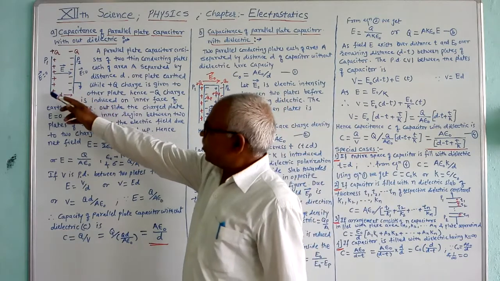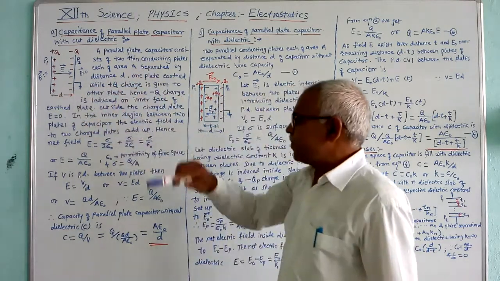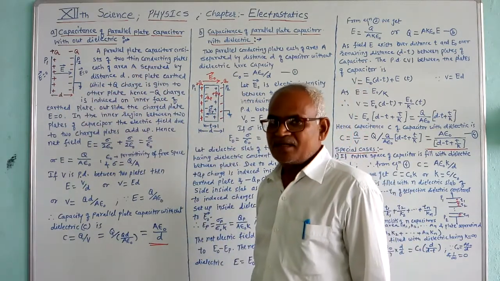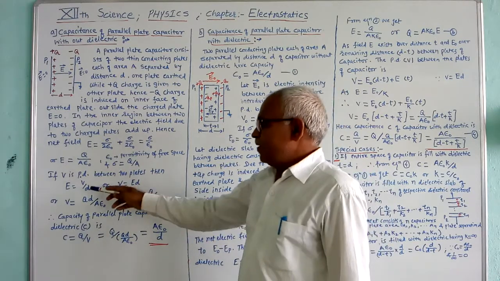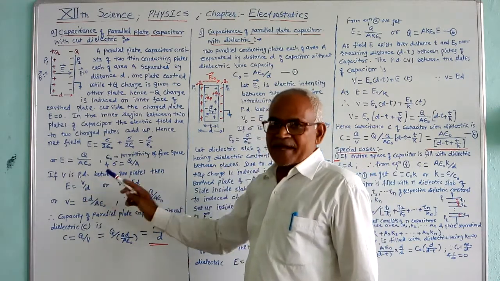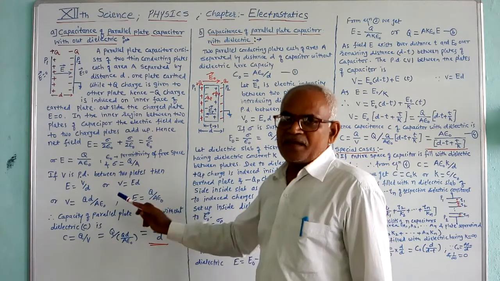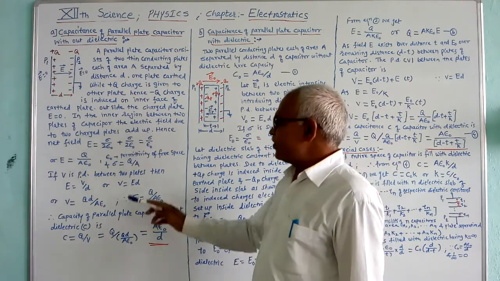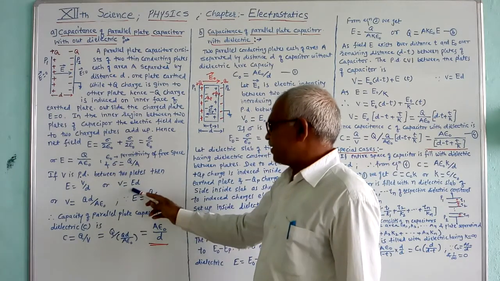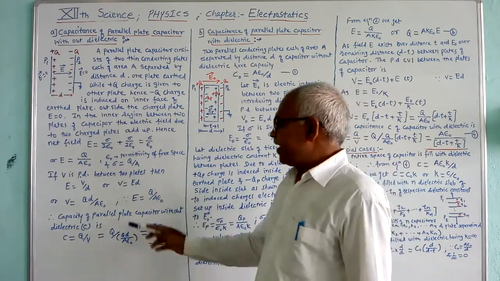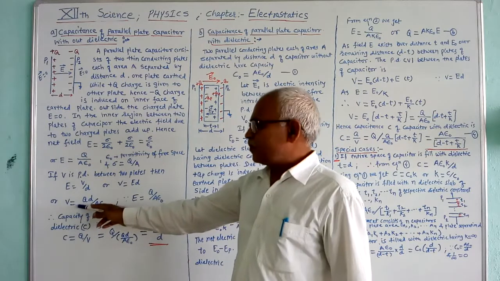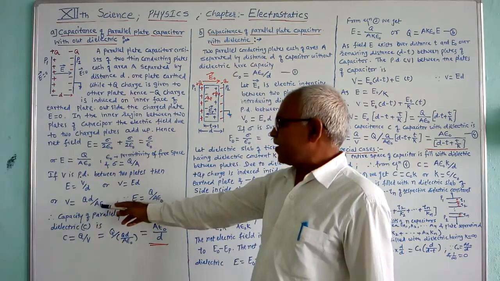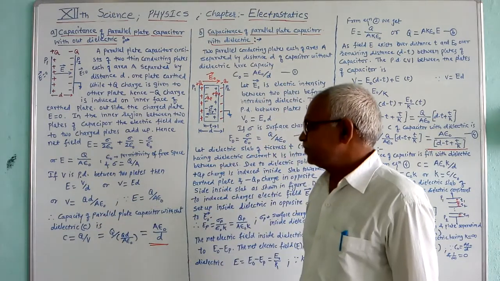If V is the potential difference between these two charged plates of the capacitor, then as E is equal to V by d, V is equal to E into d. Substituting the value of electric intensity in this equation, we get the potential difference between the two plates equal to Q into d upon A epsilon 0.